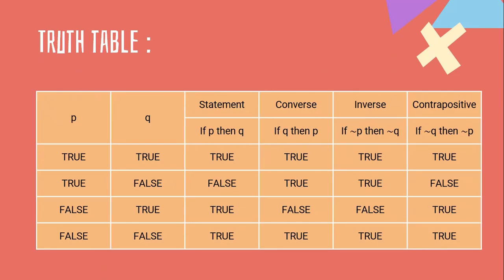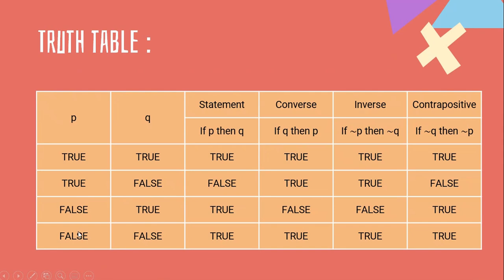These converse, inverse, and contrapositive also have a truth table. So to determine whether the converse, inverse, and contrapositive statements are true or false, we can look at the truth table of an implication. If P then Q is always true except when P is true and Q is false at the same time.